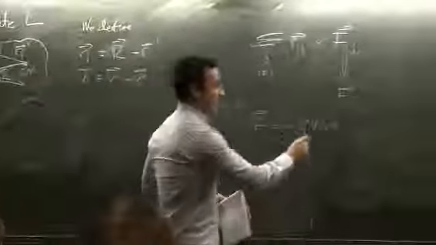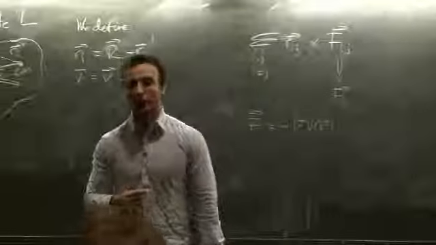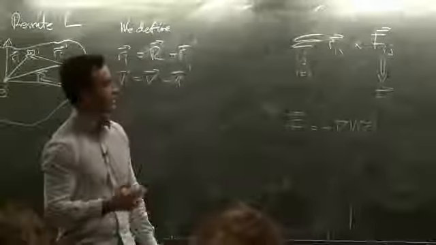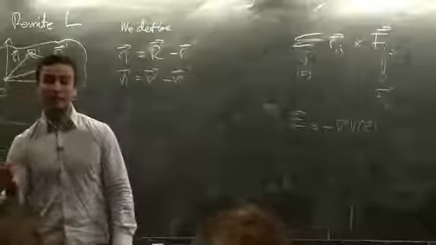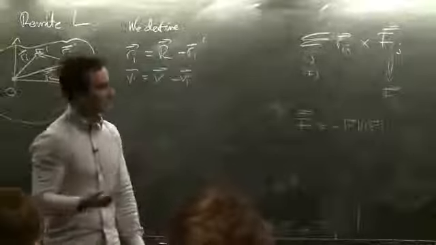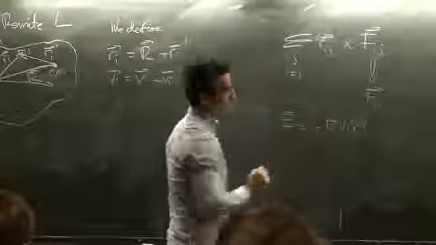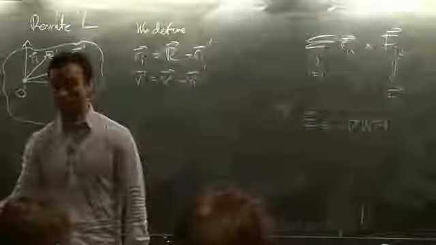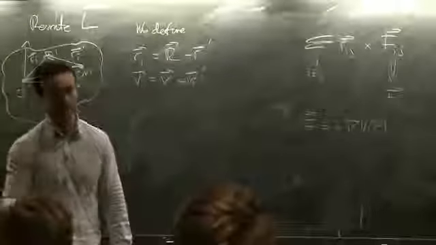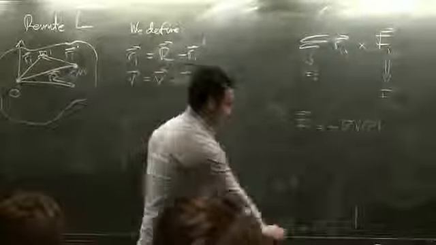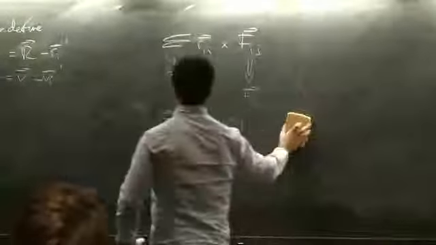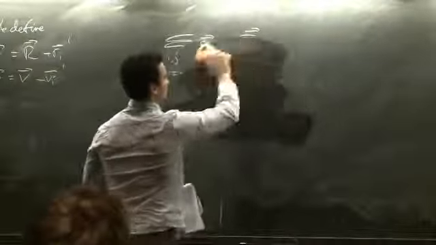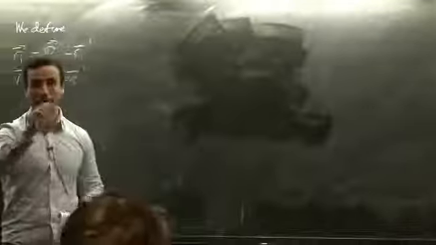What I should have done here is just to add a vector sign above the r, because in general the potential can have a directional dependence on the position vector. If there is no vector here, it means that the potential only has a radial dependence, which is the same as a central force. So that it's just a detail. To be completely general, I should have added a vector sign above the r.